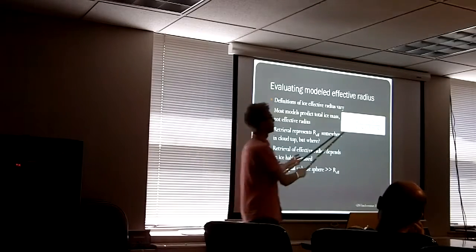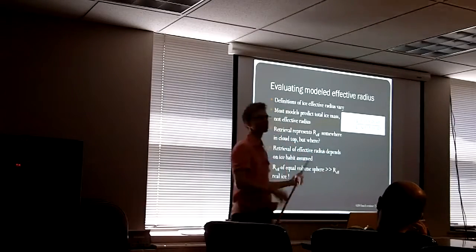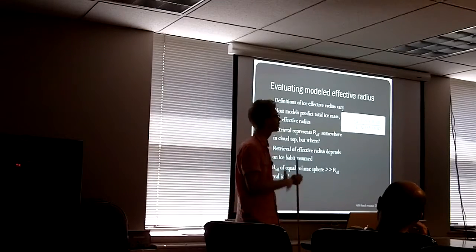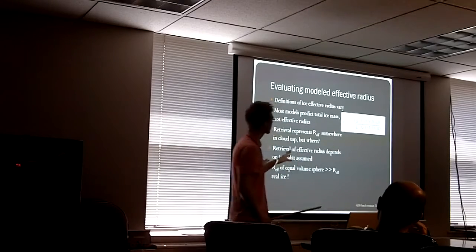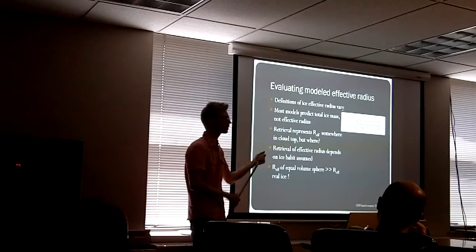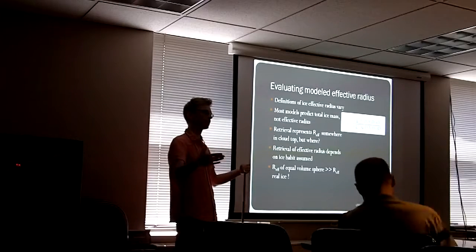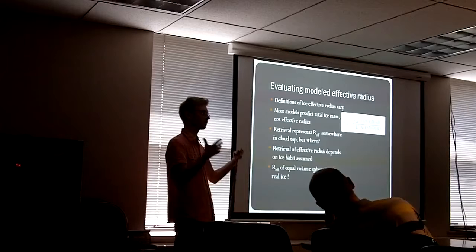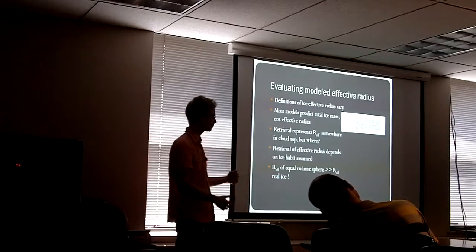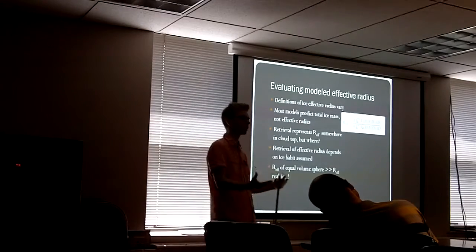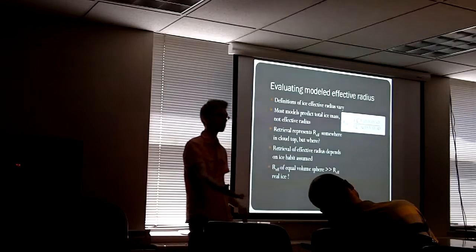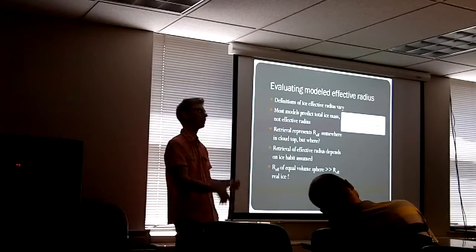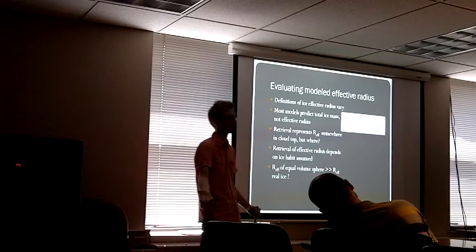The one I use here is basically what you retrieve from MODIS, so I stick to that. But most importantly, most models don't predict effective radius, they predict masses, basically. So you have to make some assumptions to derive the effective radius from that, and you can make different assumptions and end up with different effective radius.